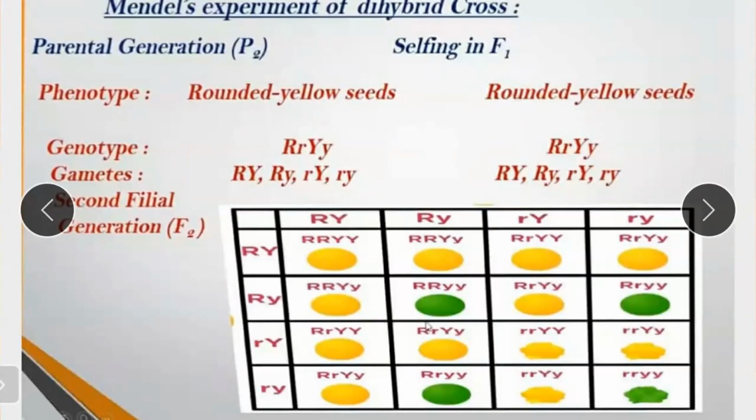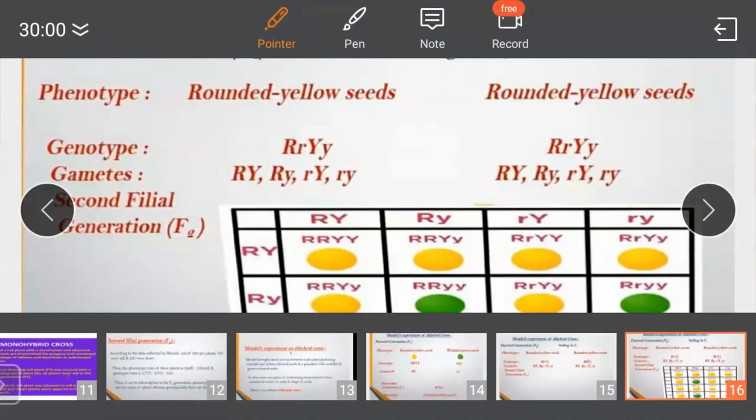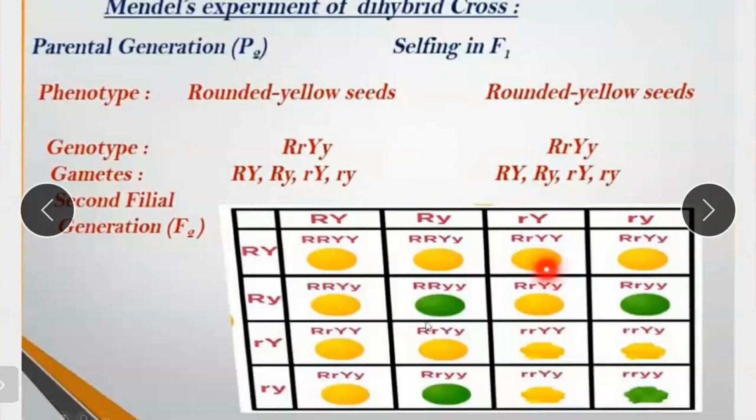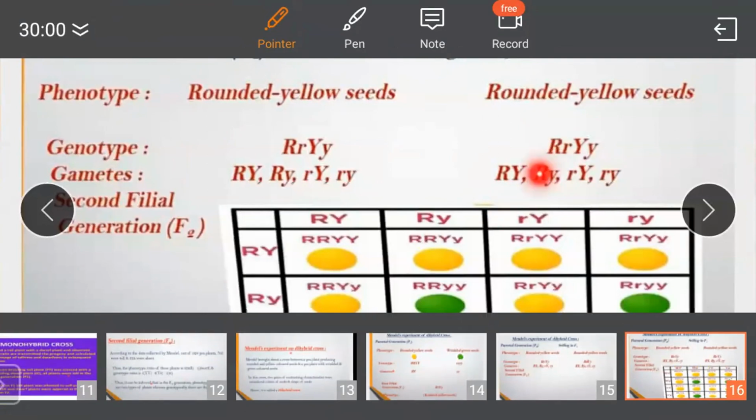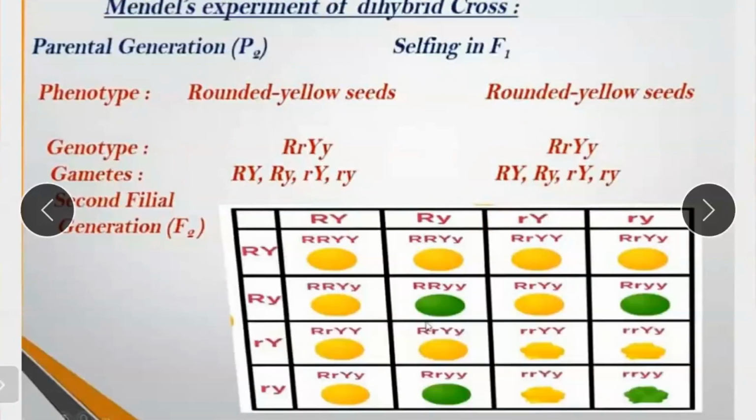Here, see how many purely yellow round seeds we are seeing. 1, 2, 3, 4, 5, 6, 7, 8, 9. So round and yellow seeds are 9 in number.